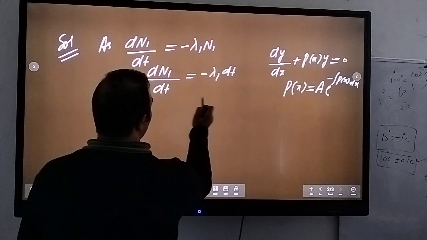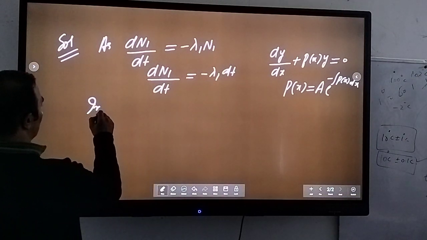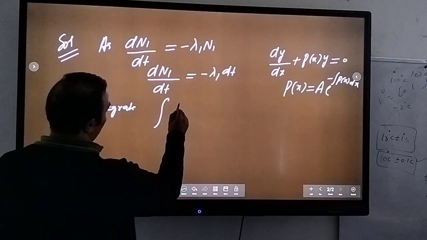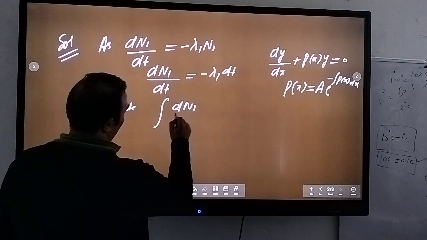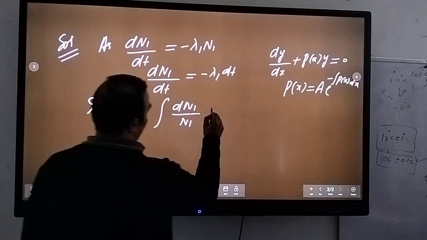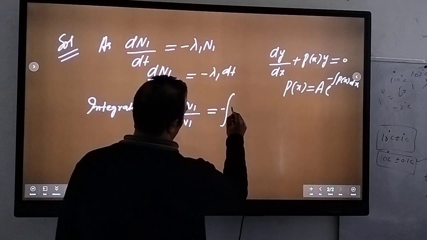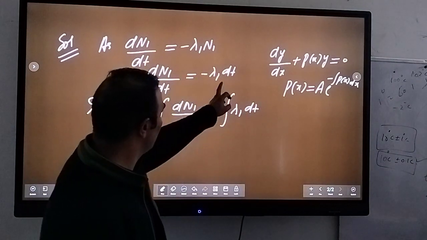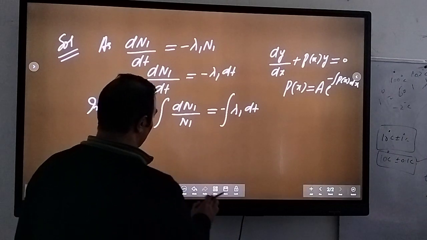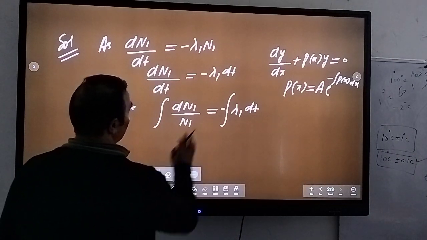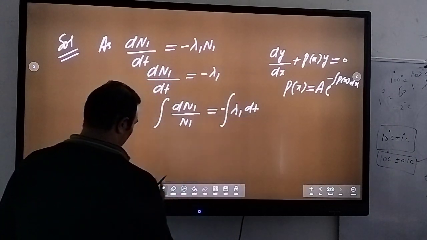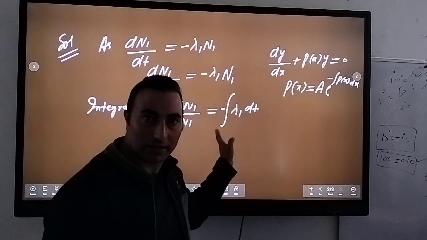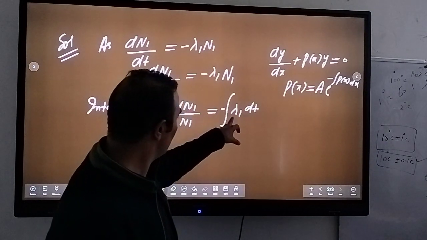So if you integrate this equation, here what I did is divide by N1 on this side, so it will be dN1 by N1 equal to this, right?